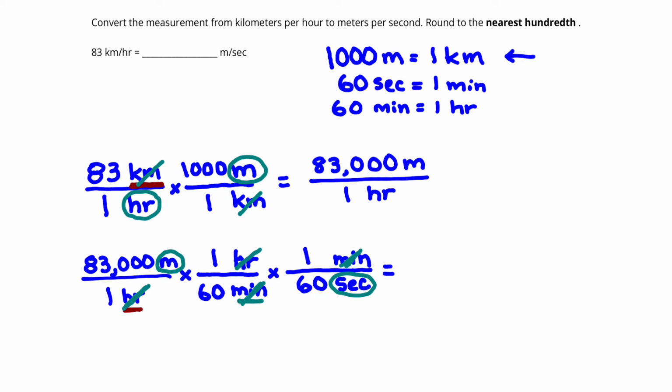Let's now multiply straight across. 83,000 times 1 is 83,000. And the units attached to that are meters. In the denominator, I have 1 times 60 times 60, the minutes have canceled, my apology, or 3,600 seconds in the denominator.